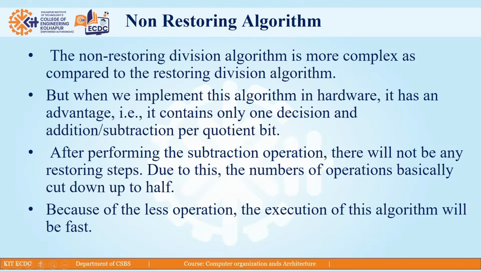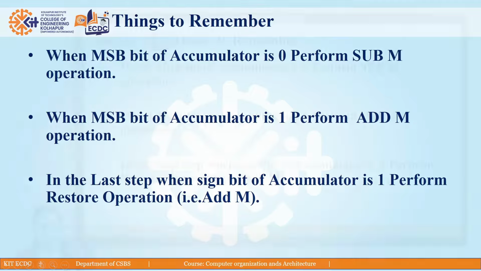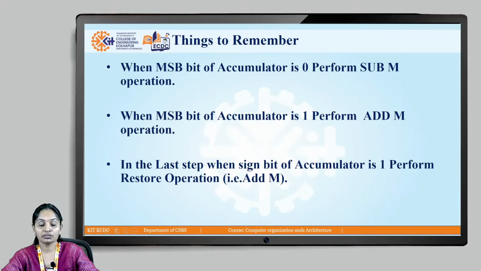Now here you can see the things that we have to remember. First, whenever the MSB of the accumulator is 0, we perform the sub M operation, and when the MSB of the accumulator is 1, we perform the add M operation, that is A plus M. Previously in the restoring algorithm, after each addition or subtraction we checked the sign bit of the accumulator.